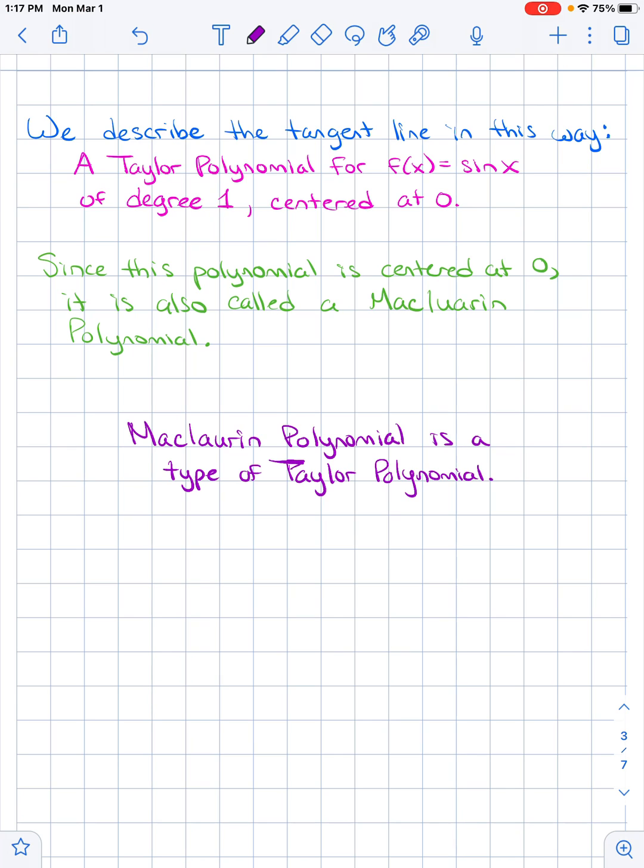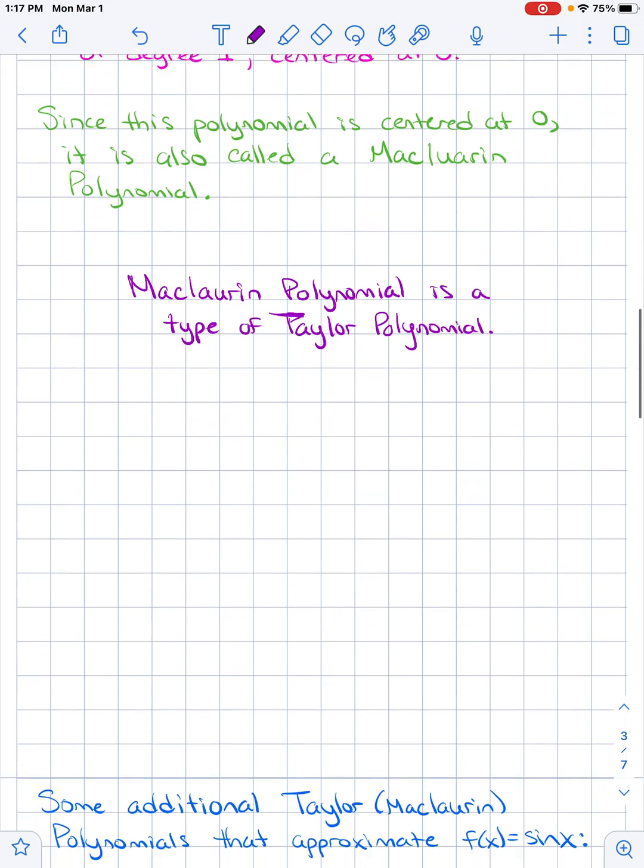Maclaurin did a lot of research with Taylor polynomials centered at 0. So I'll use Maclaurin and Taylor polynomial interchangeably for polynomials that are centered at 0. But Maclaurin is more specific, and that is the only type of polynomial that's centered at 0. In other words, we used the point x equals 0 to write the equation of the line.